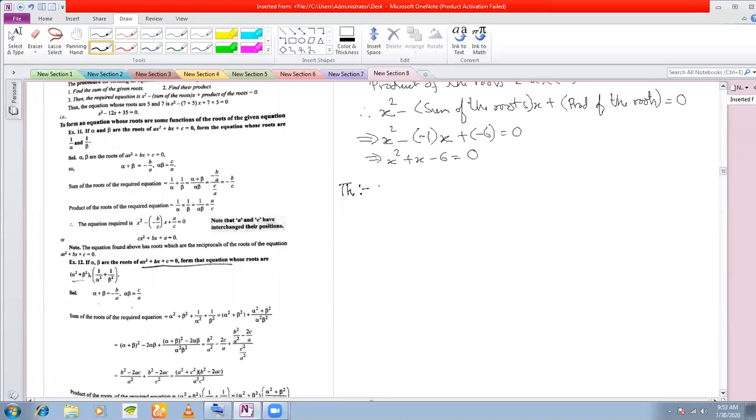that, I don't know whether this is given in the book, but this is a very important theorem if you are doing quadratic equations. For a quadratic equation with rational coefficients, surd or irrational roots occur in conjugate pairs.